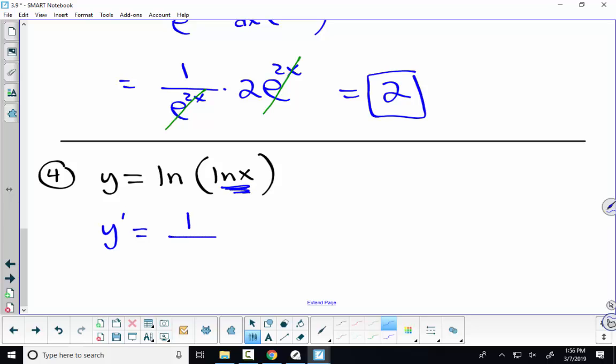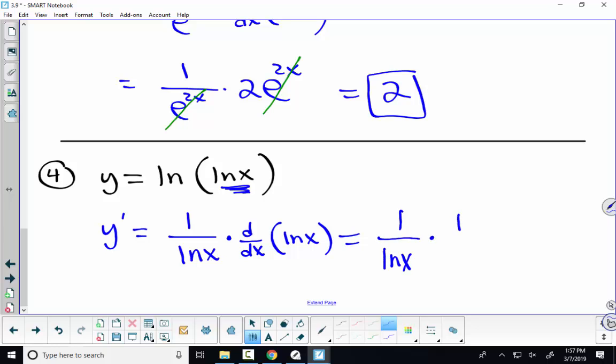So it's 1 over the natural log of x times the derivative of the natural log of x. Is everybody all right with that? And then take the derivative here. Derivative of the natural log of x is 1 over x. So I have 1 over ln x times 1 over x, which is typically written as 1 over x times the natural log of x.